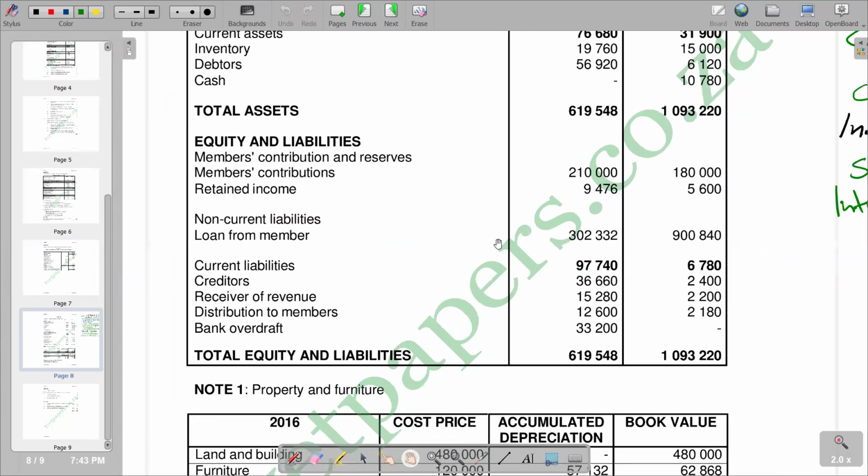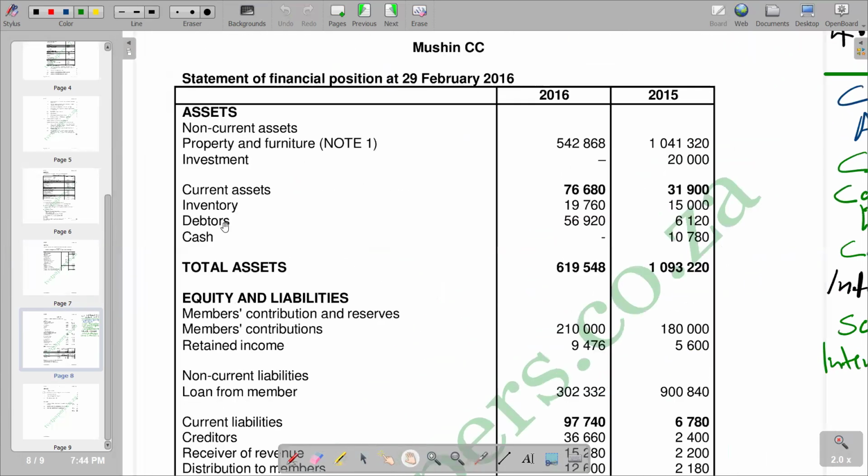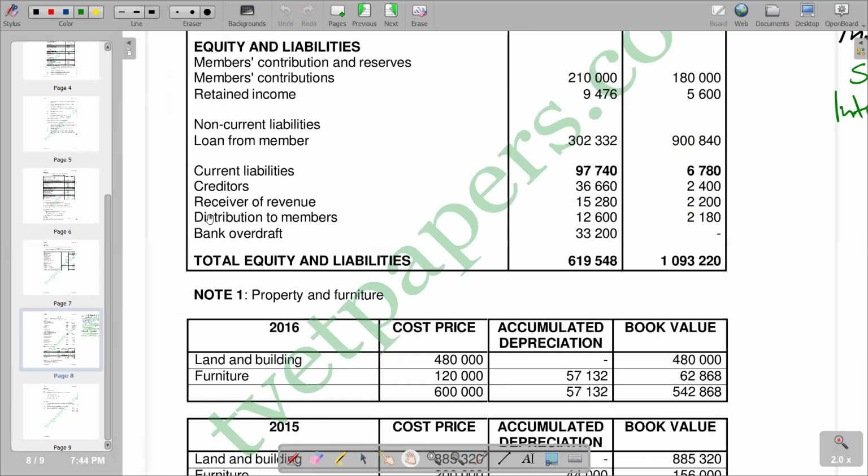For taxation, it can be under current assets, or it can be under current liability. If you go to our current assets, you see that we have no issue of taxation. But if you come here under current liabilities, you'll see that we have got taxation indicated there as a receiver of revenue. So it's under current liabilities, so it means it's an accrual of taxation.